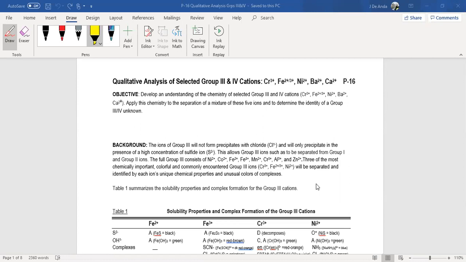And remember that the strategy is always the same. You are given a mixture. You learn a few chemical reactions that allow you to separate and confirm for the presence of a particular ion. And then you are given an unknown mix with the data so you can determine which of the cations are present in your unknown.